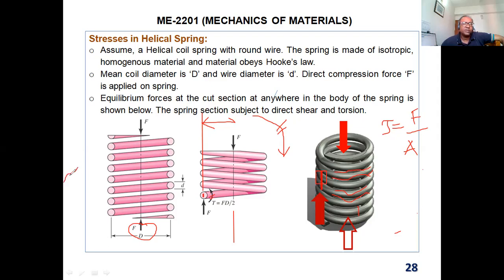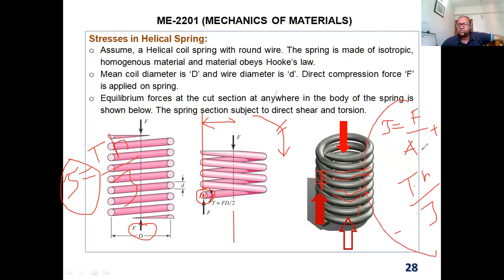For a circular shaft, the shear stress due to torque equals T into R divided by J. These work together in this cross section. So the total shear stress will be F by A plus TR divided by J, where R is the radius of the wire.